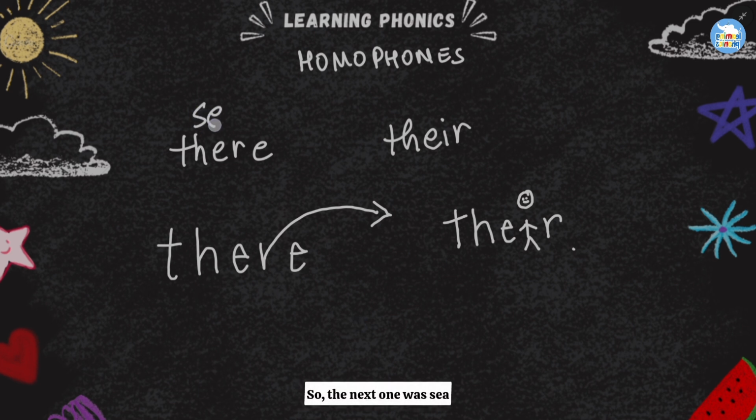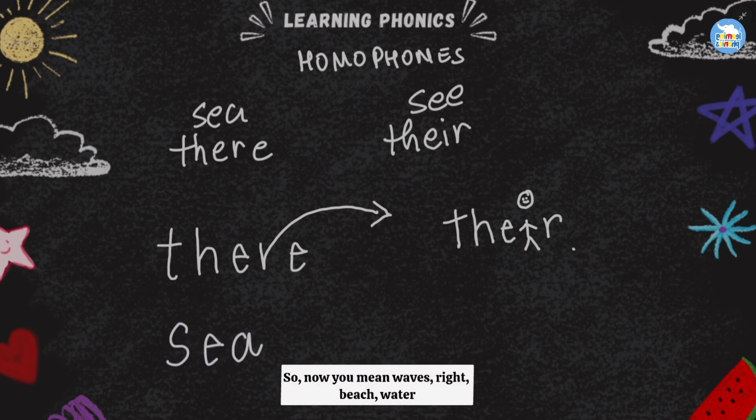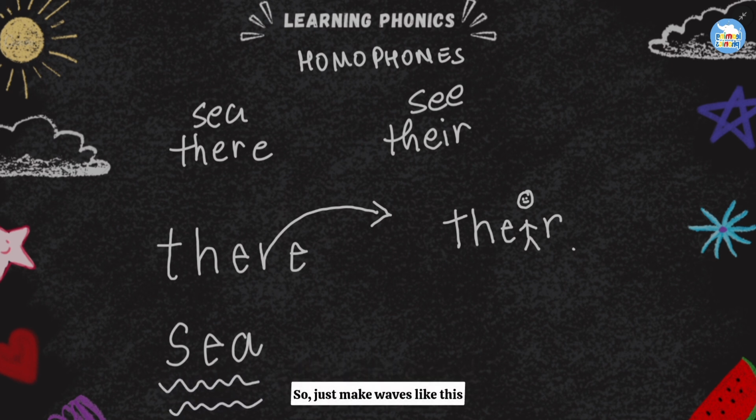Let's see another one. The next one was "sea" and "see". Let's write down S-E-A, sea. Now you mean waves, right? Beach, water. So just make waves like this. So now they know that S-E-A means water, beach.